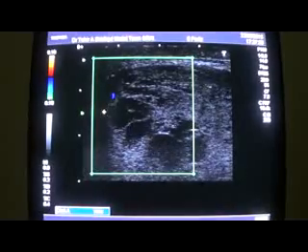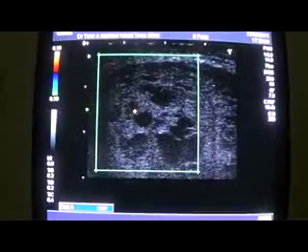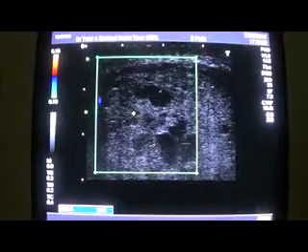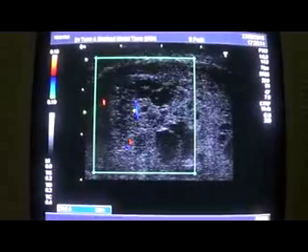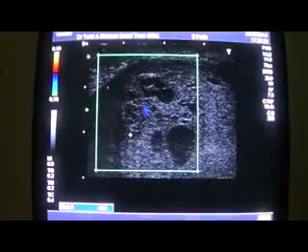I am going to use a very slow speed. This is the vein, and here comes the artery, red. So, communicating cysts with multiple tiny internal calcifications.